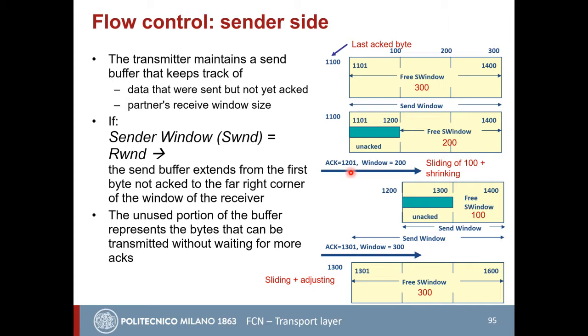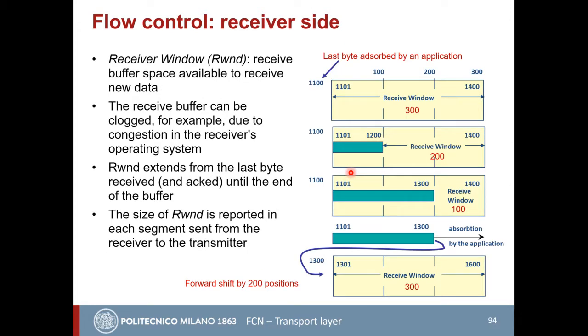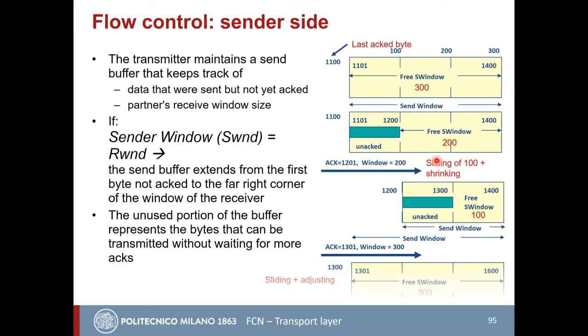But at the same time, the indication of the window is 200, because if you go back here, the receive window was 200. So now the sender has to resize its send window in order to match the receive window, according to the value that has been received, 200. So now the send window gets smaller.